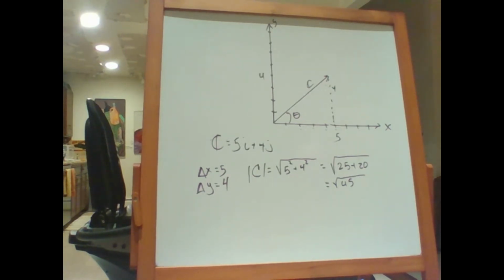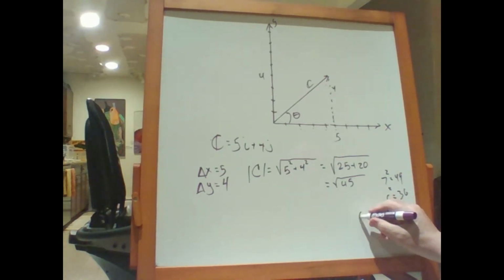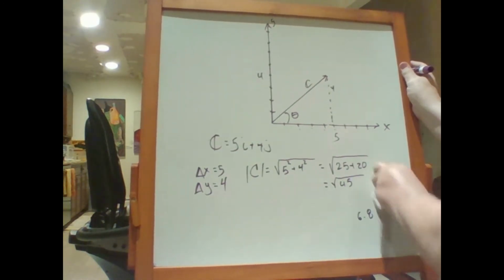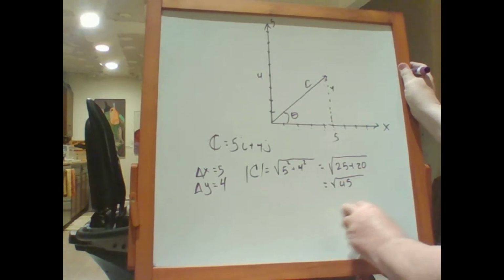Square root of 45. 7 squared is 49, 6 squared is 36, so it's closer to 7, it's about 6.8, something like that. I'm not picking nice round numbers.